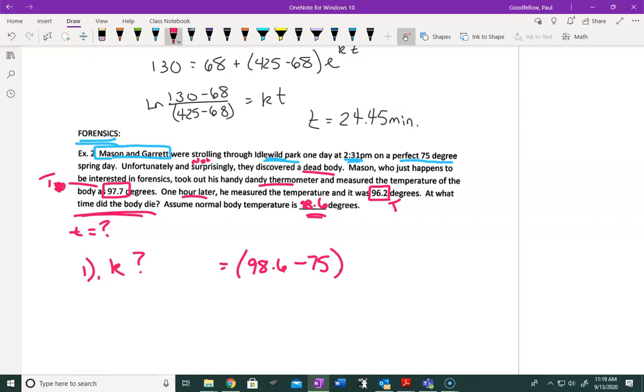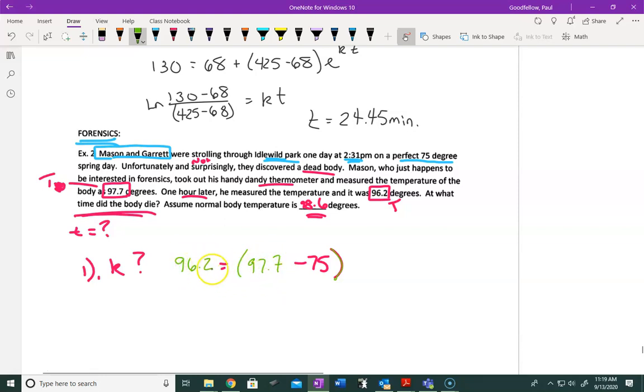Now, the first time that Mason sticks the body, he gets a 97.7 degree temperature out of it. And now wait a second. He has to use the two temperatures that he knows. He can't work it backward to the 98.6 yet. So he has to use the two temperatures that are known, which are 97.7 and the 96.2.